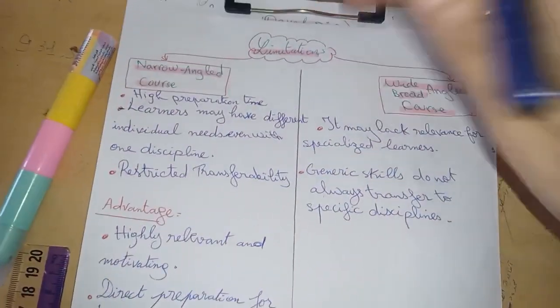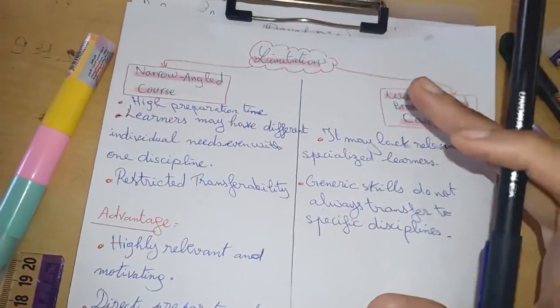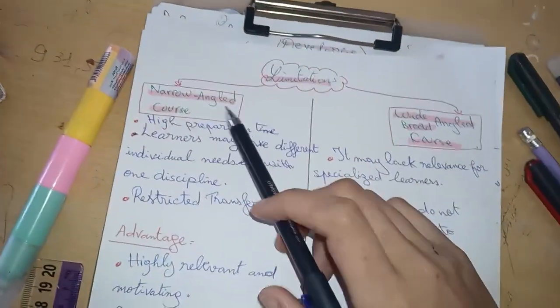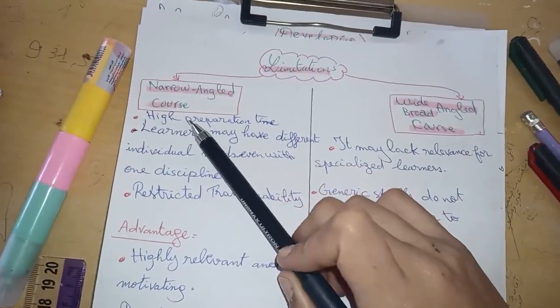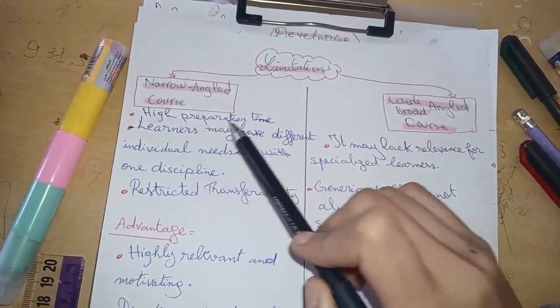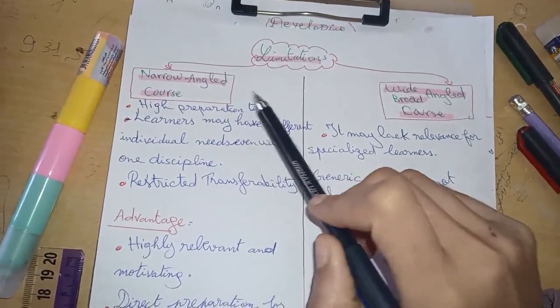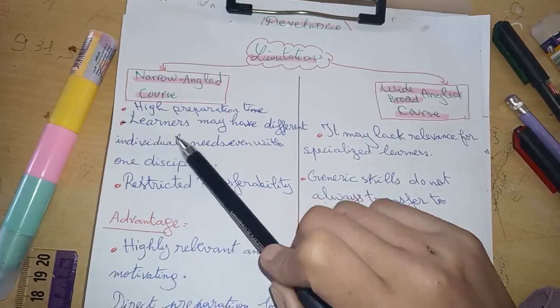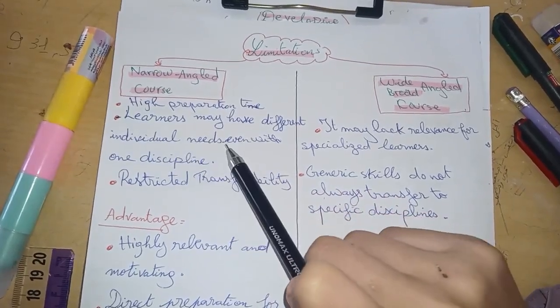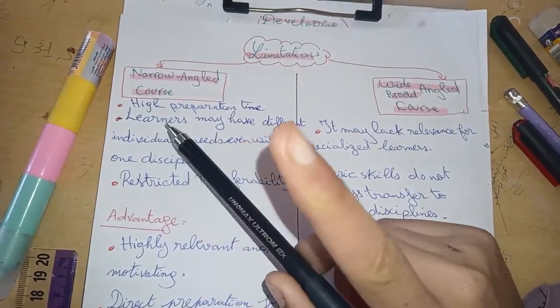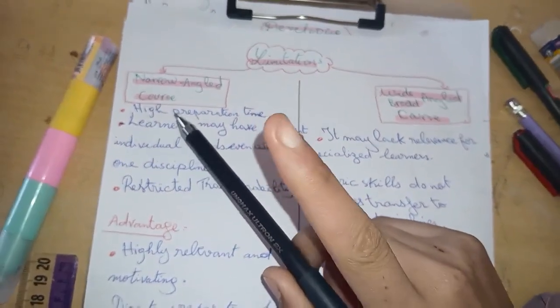As we know, now we need to know the limitations of each one. First of all, the limitation of the narrow-angled course is that it needs a high preparation time. Learners may have different individual needs, even within one discipline, as we said before.